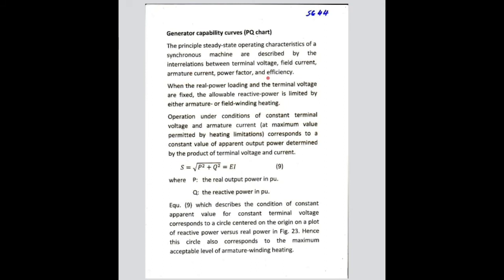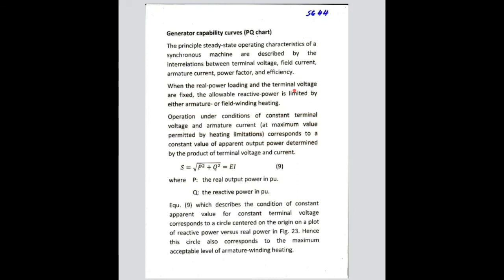Okay, so the real power is determined by, as I said, the angle delta, and the terminal voltage is normally fixed by the infinite bus.